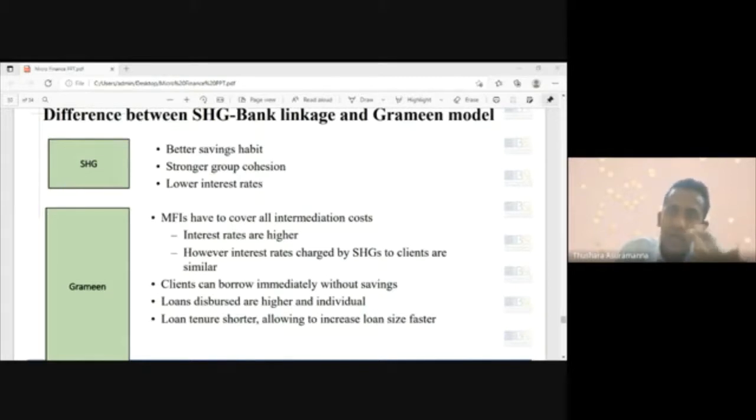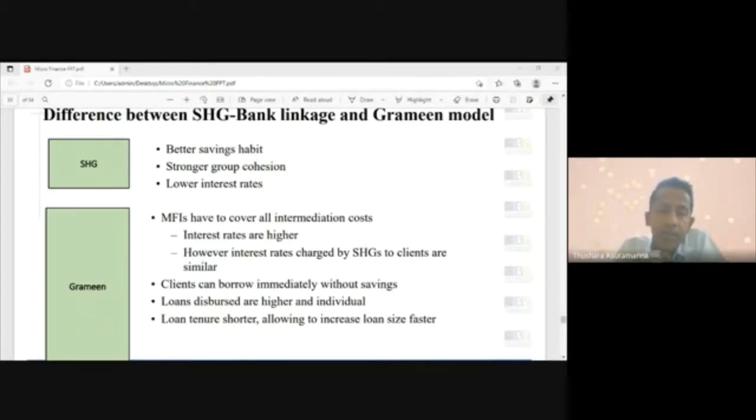So you try to promote the non-financial skills among the entrepreneurs. Lower interest rates, because the interest rates are again set against the deposits. The interest rates are also comparatively lower when you talk about Grameen to individual levels. Then the cover when you are moving to the group model, SHG to the Grameen.